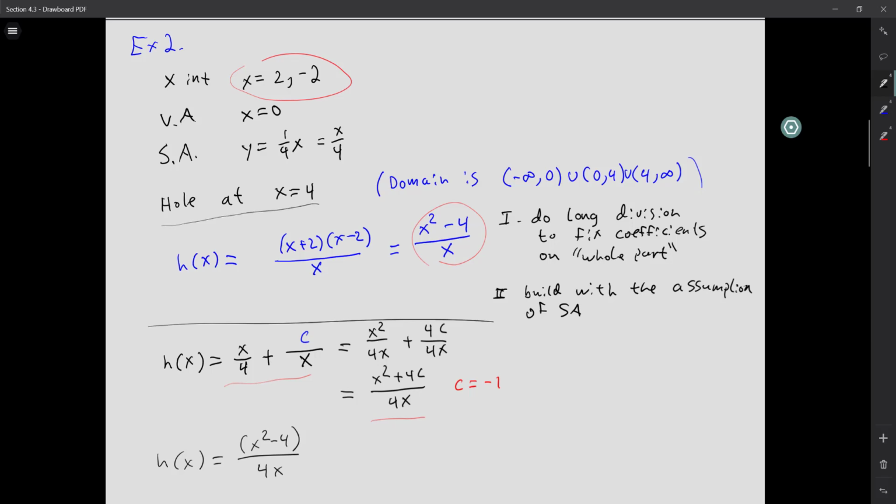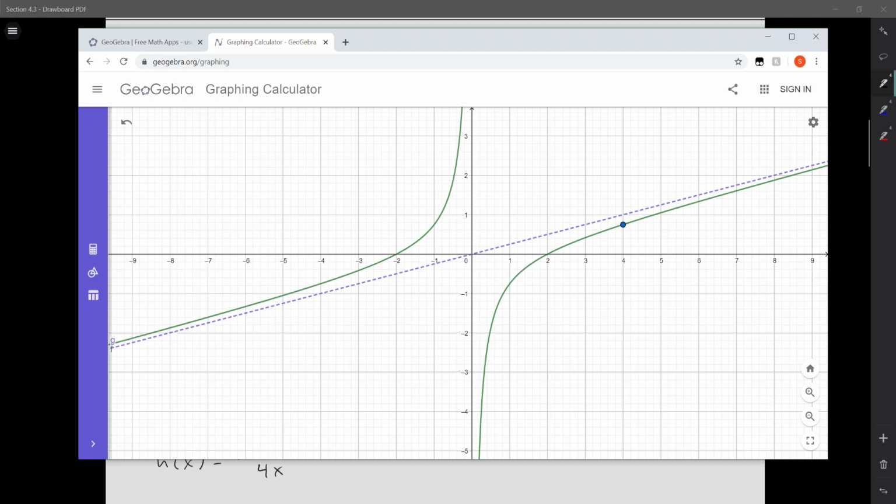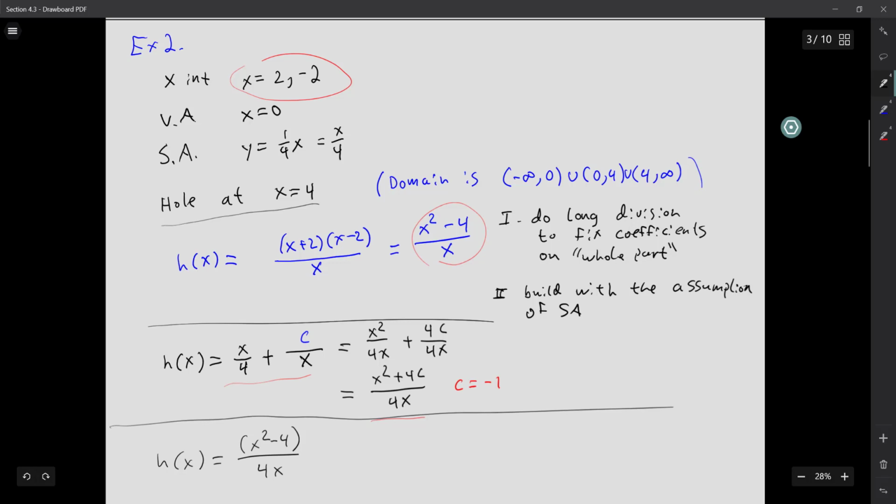There's nothing in my answer down here that is preventing me from plugging in x equal to 4. But I know from the graph that if I plug in 4, I should get something which is undefined because I have a hole there. So what I'll do is I'll just multiply top and bottom by x minus 4. And now I have a function that has a hole at x equal to 4. It's really that easy to include.